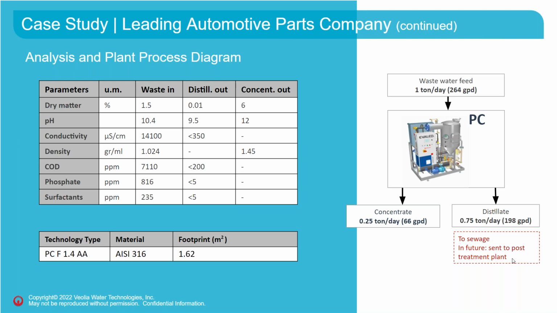This is a very small system, only about 198 gallons per day, and in the future, the plan is that this site will have an additional treatment plant after this to be able to handle this concentrated waste stream.